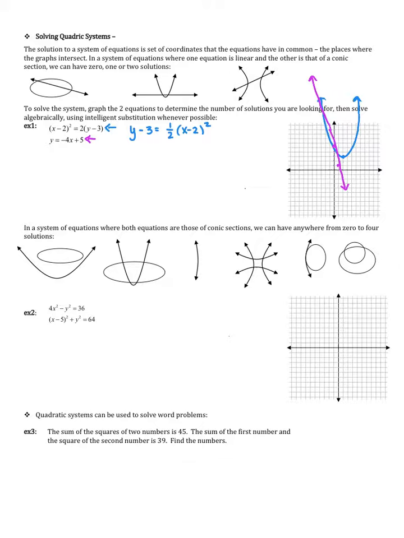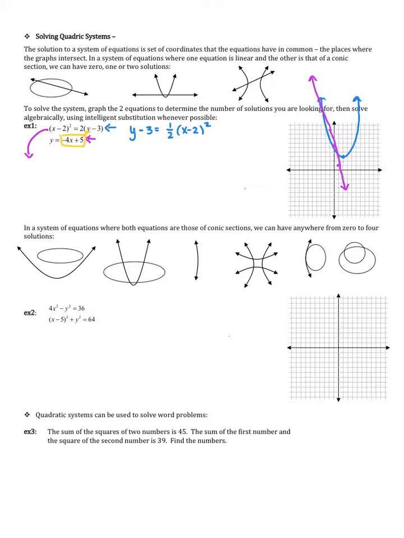So we want to find those intersection points. You have lots of possibilities. In this particular case, I might recommend, since y is isolated, that we substitute it in here and then just solve for x. So I'm going to come down here.